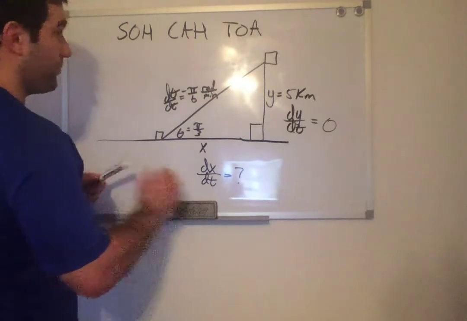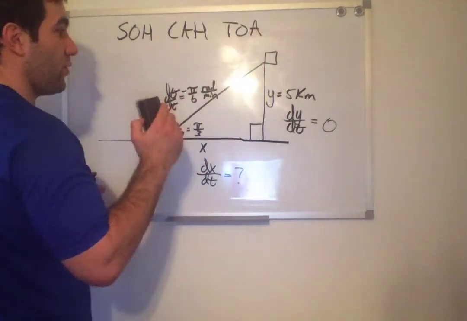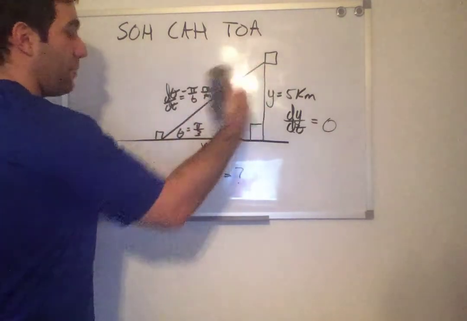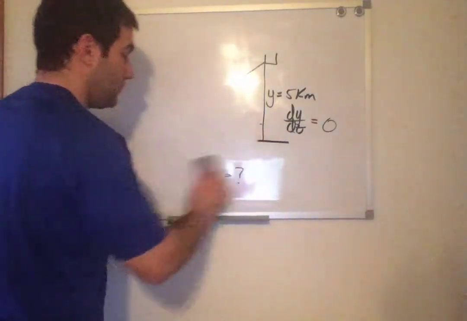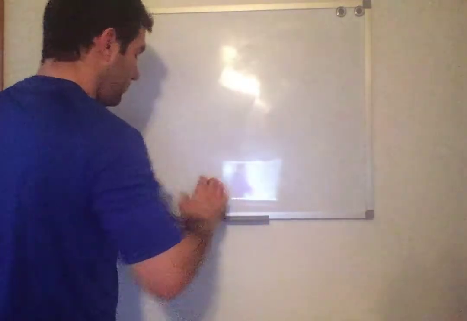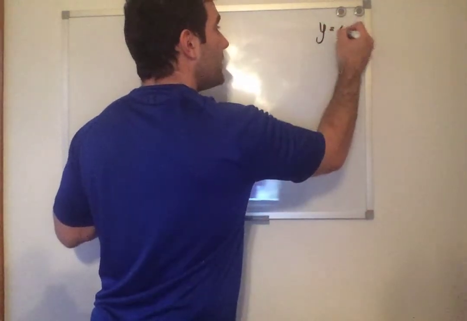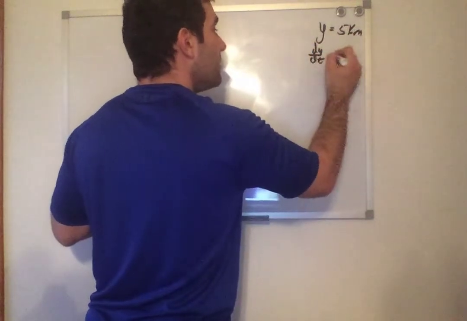Okay, so let's go ahead and write our givens over there in the corner, and then we're going to write our tangent equation of the opposite over the adjacent. So we've got y was equal to 5 kilometers, dy dt was 0.